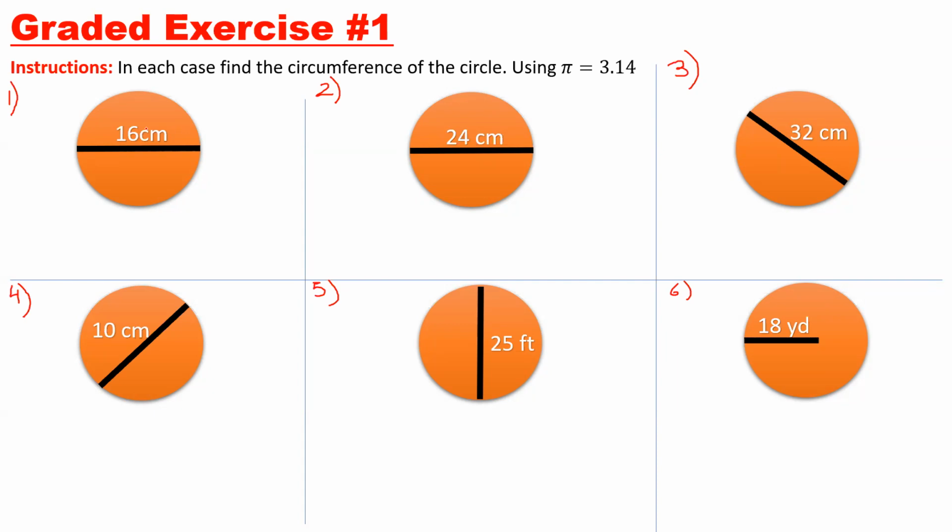So it's going to be 2 times 3.14 times what? 8. Times 8. Good. All right.